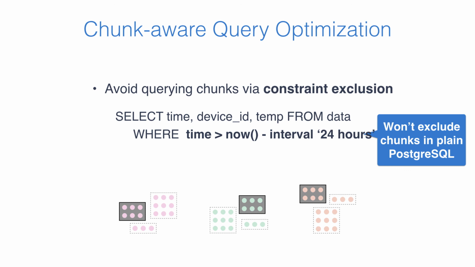And actually, even by space, Postgres doesn't really do what you want, because we want to use hash partitioning, and constraint exclusion in Postgres doesn't work with hash partitioning, but in our system it does.